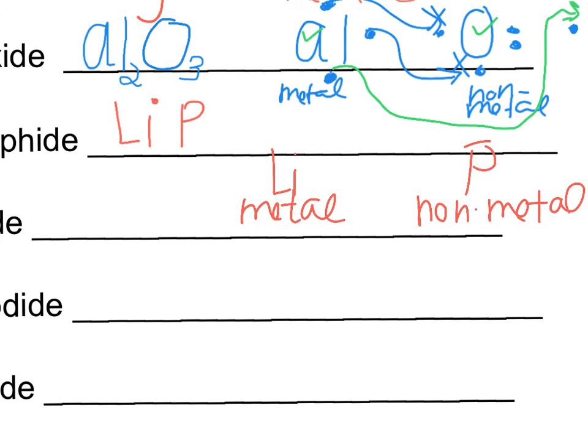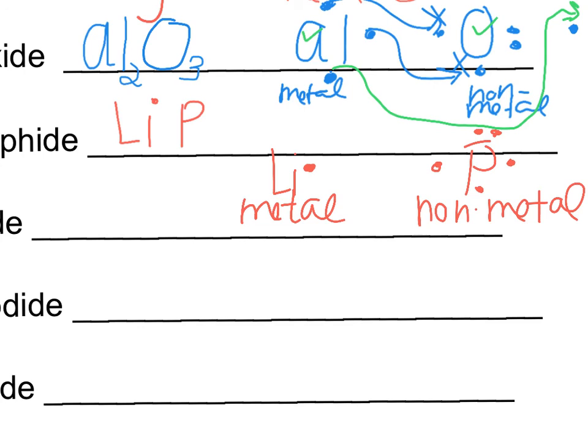I see lithium in group 1. Logically, it means it has 1 valence electron. I see phosphorus under the number 15. So group 5 there. 1, 2, 3, 4, 5.